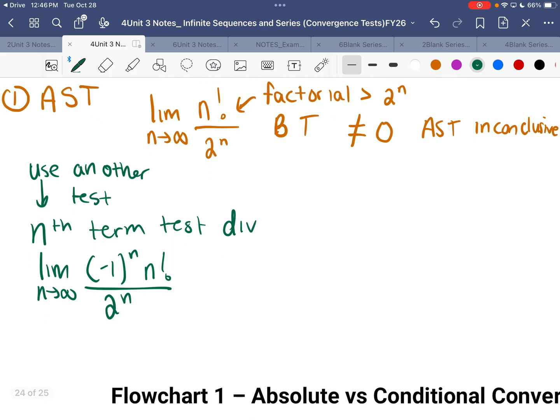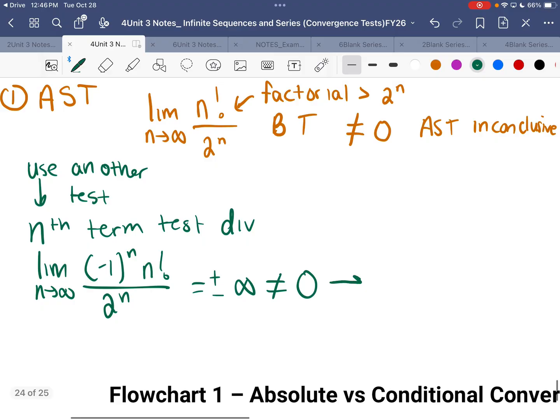You could think of this as oscillating because it has the -1, and it is oscillating between positive and negative infinity because it's big top. Does that equal 0? Definitely not. So since it doesn't equal 0, what does that imply? Diverges.